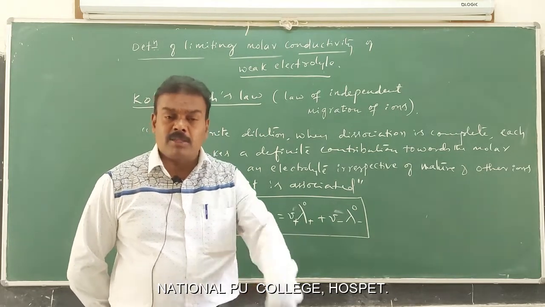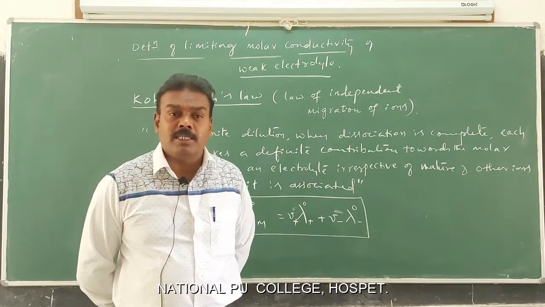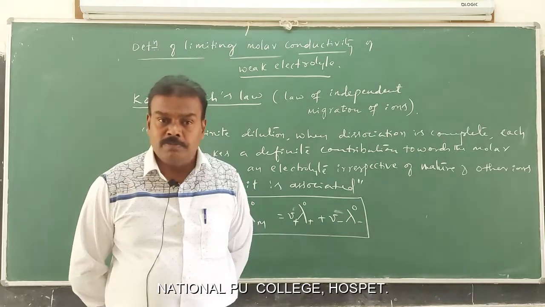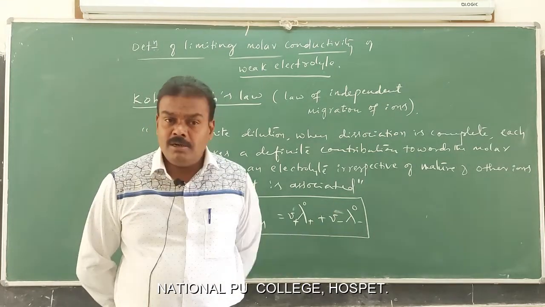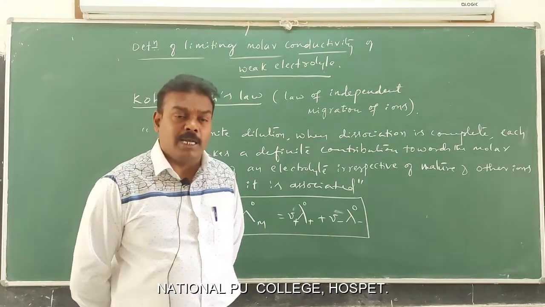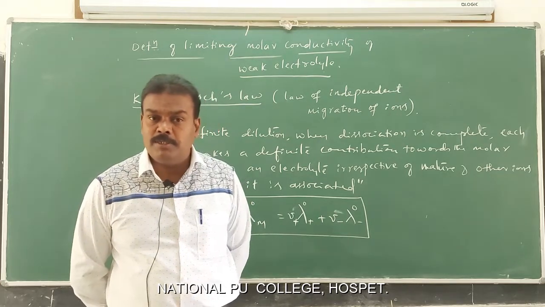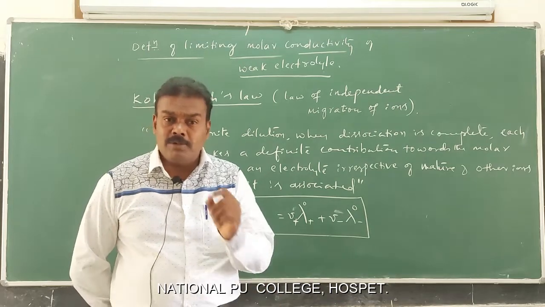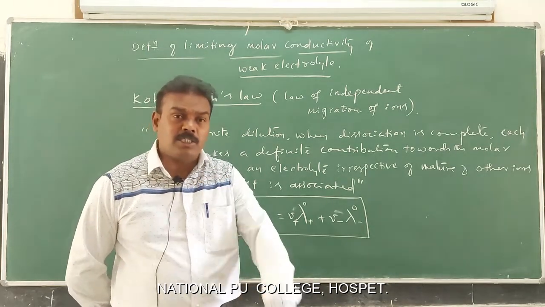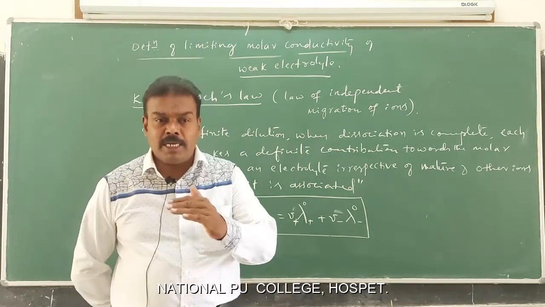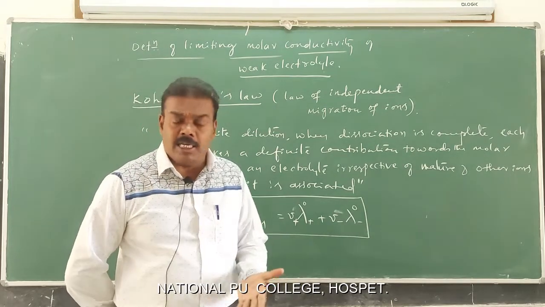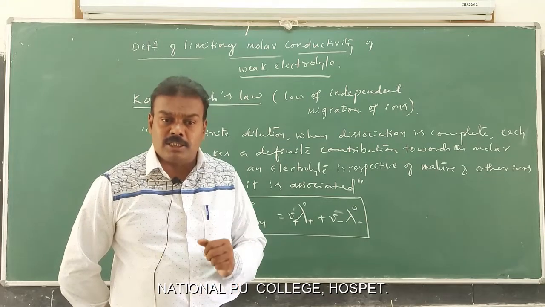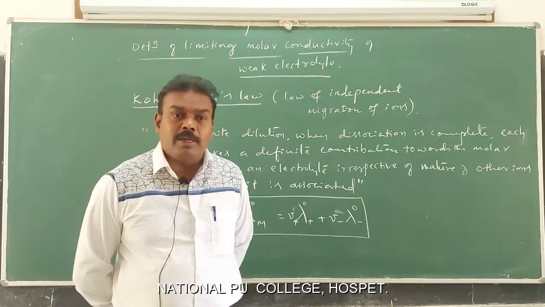In the same manner, it is not possible to determine the limiting molar conductivity for weak electrolytes by the extrapolation method. Because when we plot lambda m against square root of concentration for weak electrolytes, we get a curvature, and a steep line which is parallel to the y-axis. For every dilution there will be an increase in the degree of ionization, as well as an increase in the molar conductivity.